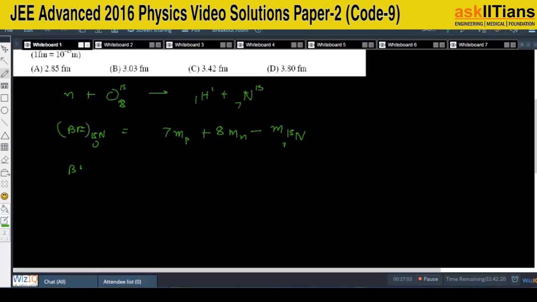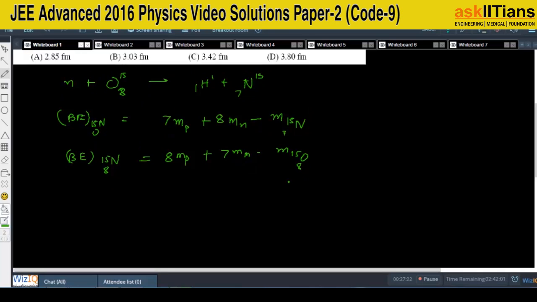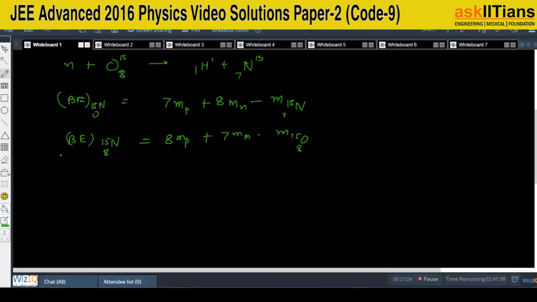Similarly, we calculate the binding energy for oxygen having mass number 15 and atomic number 8, which is 8 times the mass of proton plus 7 times the mass of neutron, minus the mass of oxygen-15. On placing the values, the binding energy is the mass defect times c². So the difference in binding energy is the mass of neutron minus mass of proton plus mass of oxygen minus mass of nitrogen.